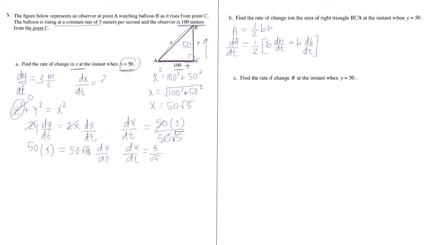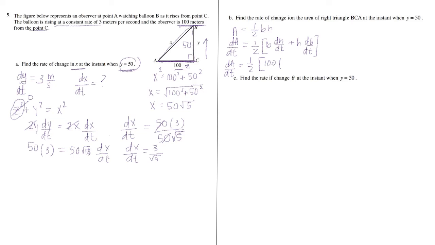So this shouldn't be too bad to start plugging in. dA/dt is equal to, and of course just bring down our 1/2, our base, which is 100, times the rate of change of the height.